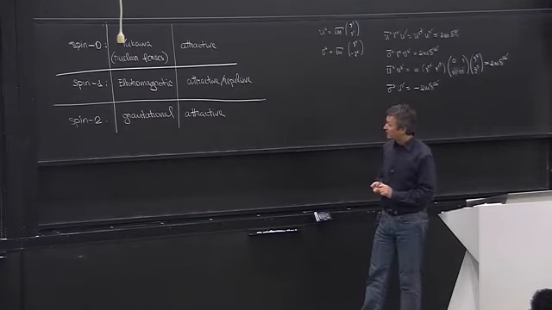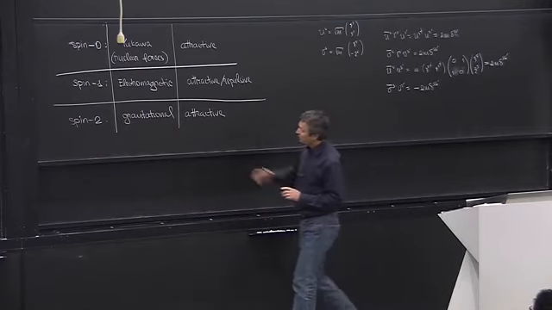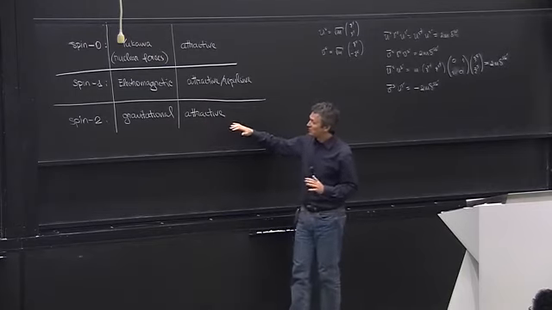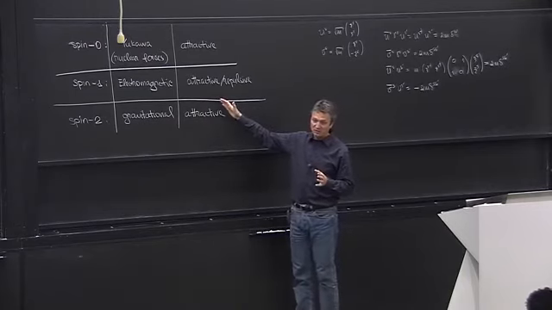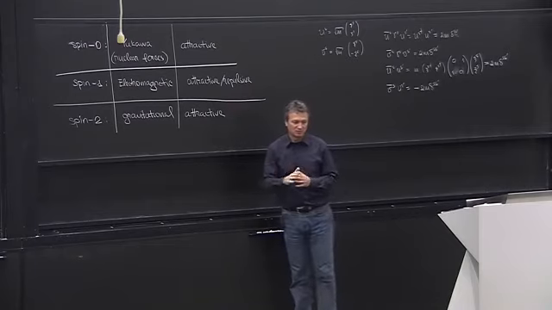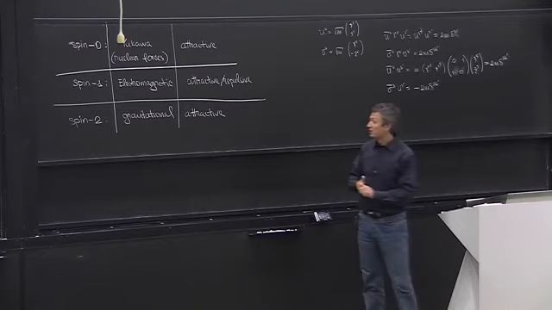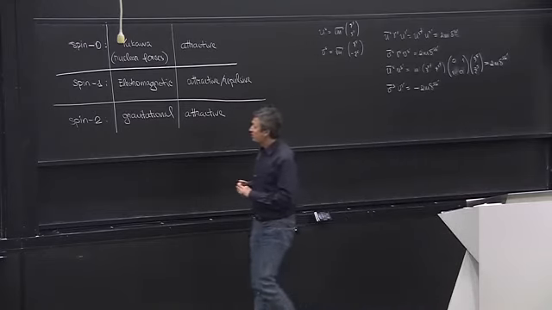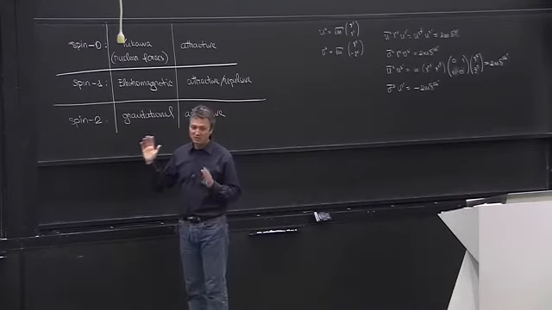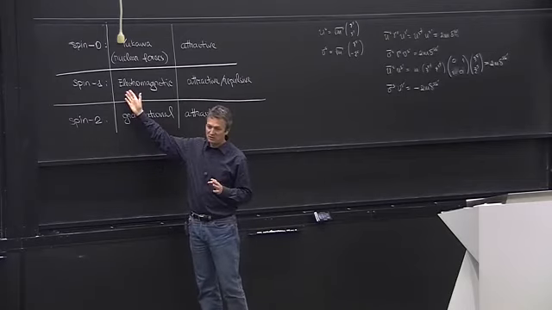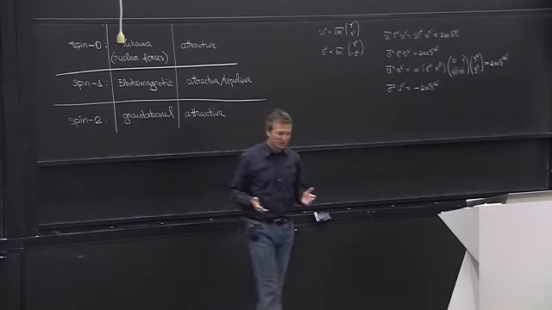However, from these three types of interactions, two of them are long range. For gravitational and electromagnetic interactions, the low energy approximation is just the Coulomb potential. And this is because the particles that mediate these interactions are massless. The graviton is massless and the photon is also massless.